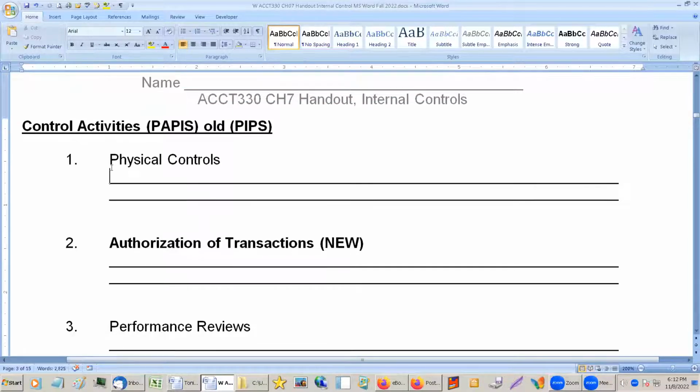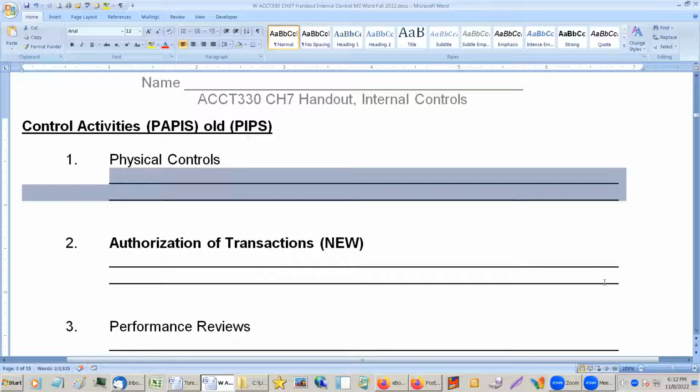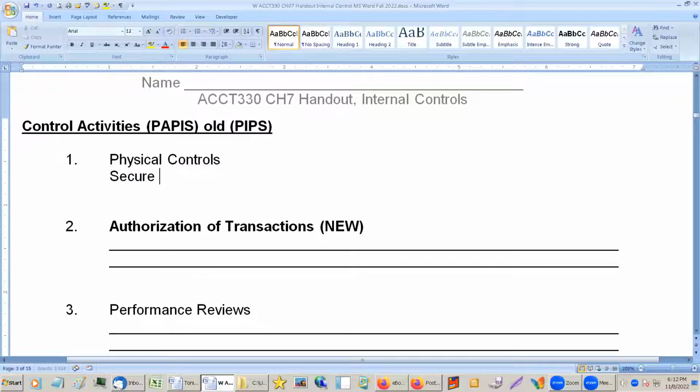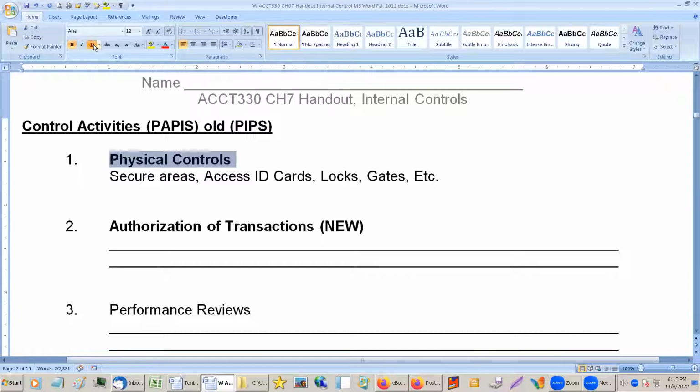So physical controls, those are what you just think of: secure areas, access cards. And that is physically, how are you controlling things?